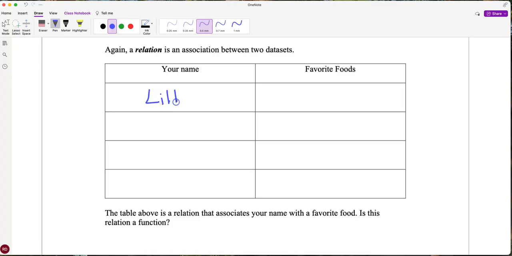Okay, Lily, class participation. What is a favorite food? Egg roll? Okay. Let's go. Bryce, what's a favorite food? Pizza. Okay, Bryce. Caleb, what's a favorite food?